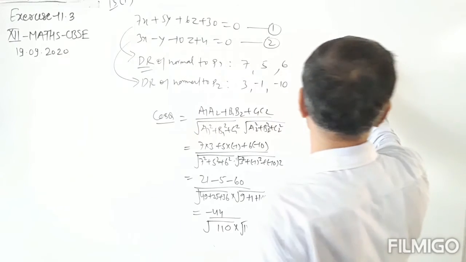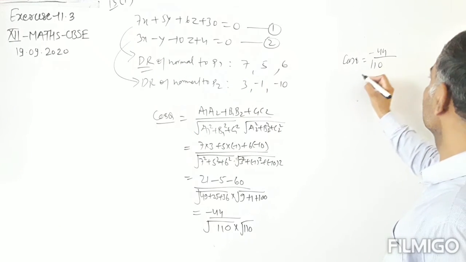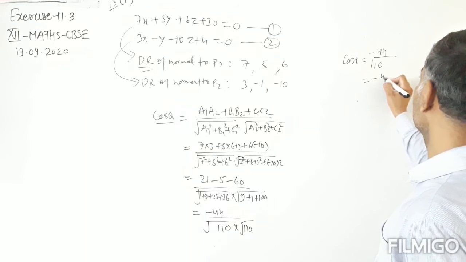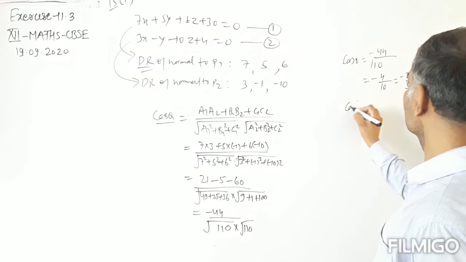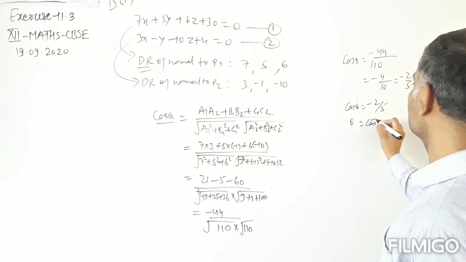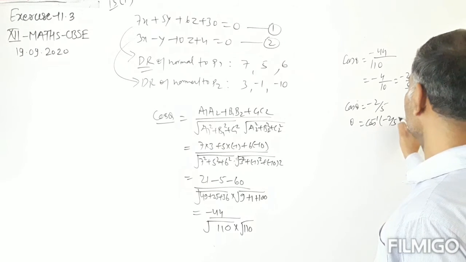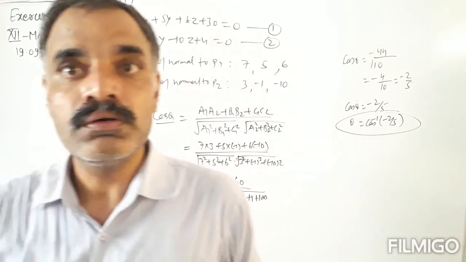So cos theta equals minus 44 upon 110, that is minus 4 upon 10, which means minus 2 upon 5. So theta equals cos inverse of minus 2 upon 5. This is the angle between the given two planes.